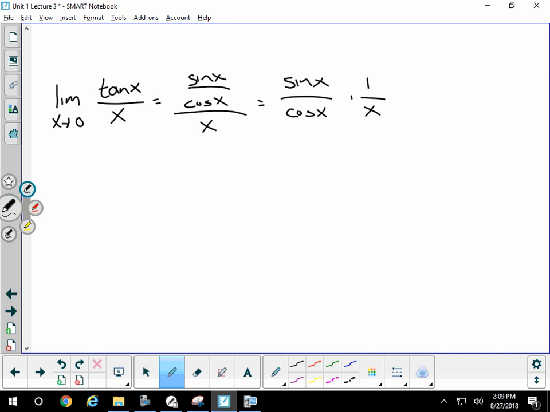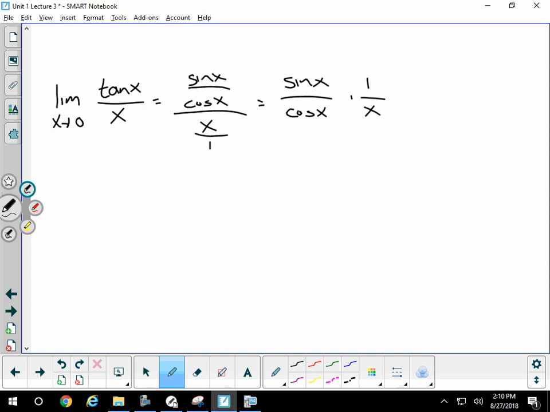Use the fact that tangent equals sine over cosine to write our fraction as sine over cosine over x, which can be written as sine over cosine times 1 over x, using the fact that division is the same as multiplying by a reciprocal. But if I plug in 0, I'd still get 0 over 0. It's the same as 0 over 0.